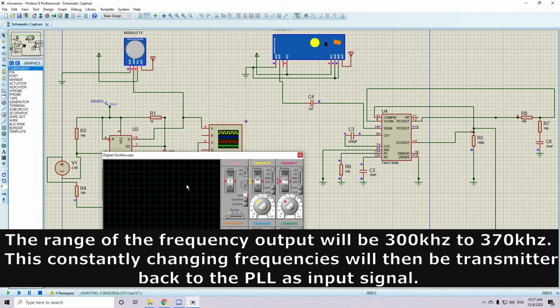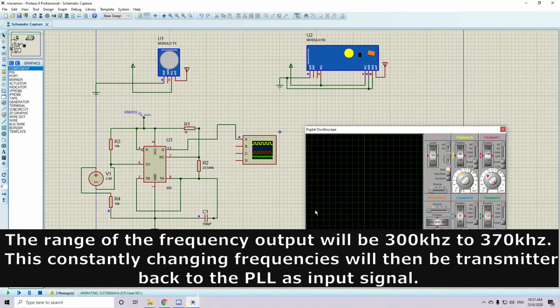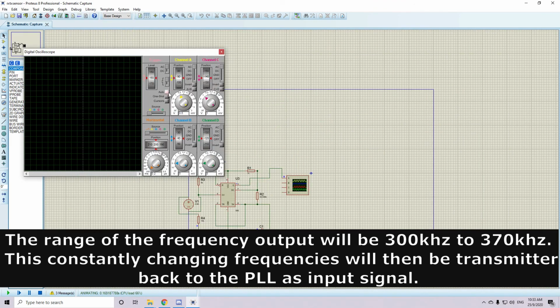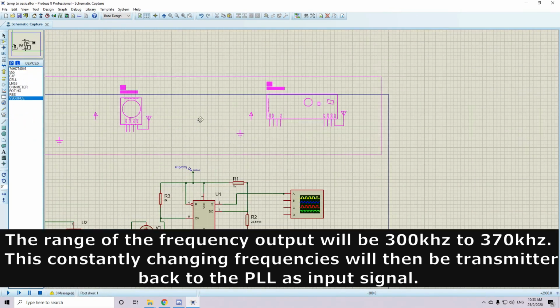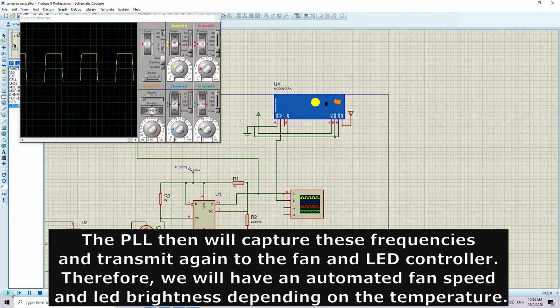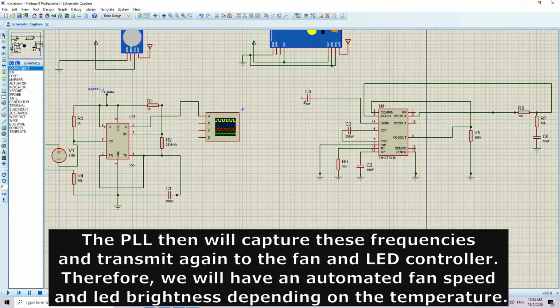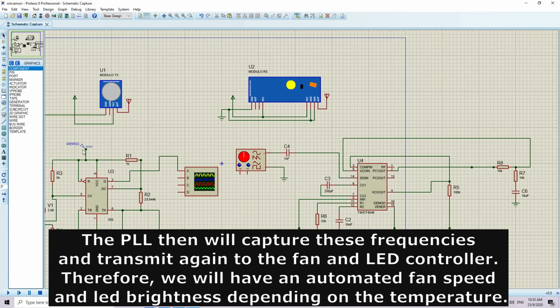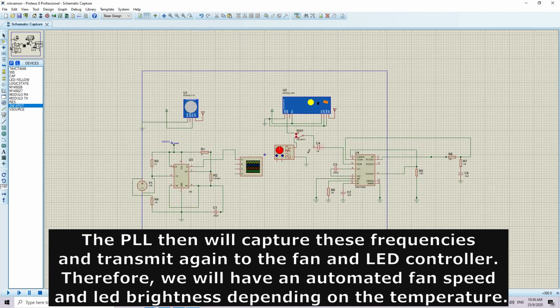The range of the frequency output will be 300 kHz to 370 kHz. These constantly changing frequencies will then be transmitted back to the PLL as the input signal. The PLL will then capture these frequencies and transmit them again to the fan and LED controller. Therefore, we will have an automated fan speed and LED brightness depending on the temperature.